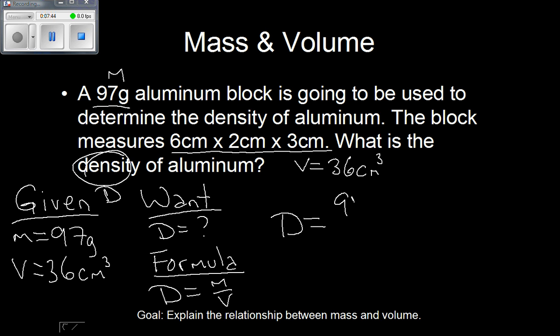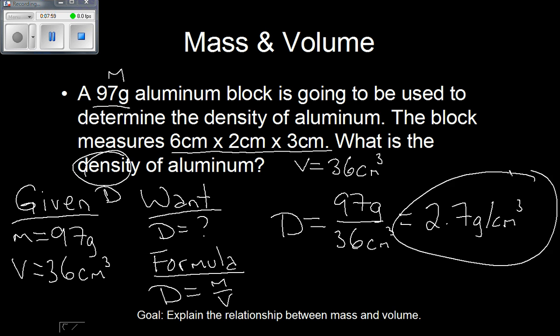So now we have 97 grams over 36 cubic centimeters, and that gives us 2.7 grams per cubic centimeter. So we can see that our light-colored cylinders were most likely going to be aluminum.